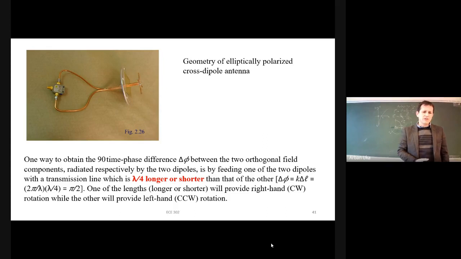If we have a communication using 1 gigahertz level of the frequencies, we are talking about length scales in the order of 1 meter. Okay, so it is easy to construct an antenna which is shorter or longer by a quarter of a wavelength. So if the wavelength is 1 meter, that means that we can construct antenna wires or components which have a difference of 25 centimeters from each other.